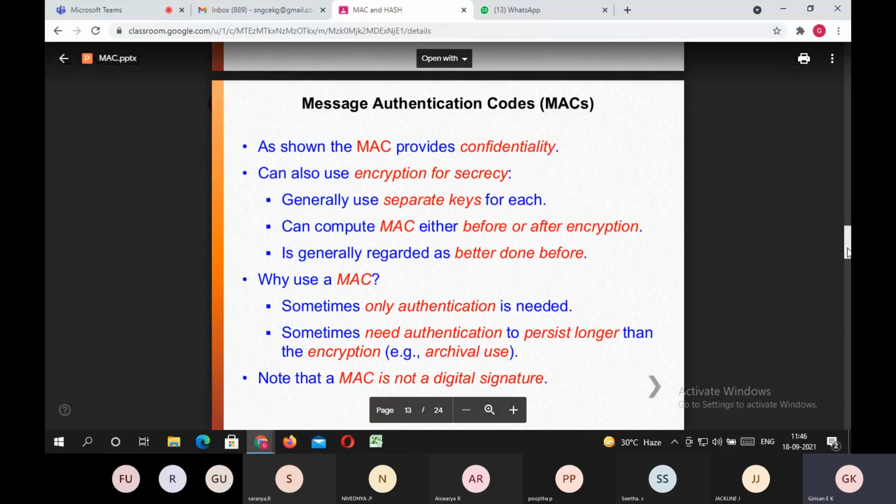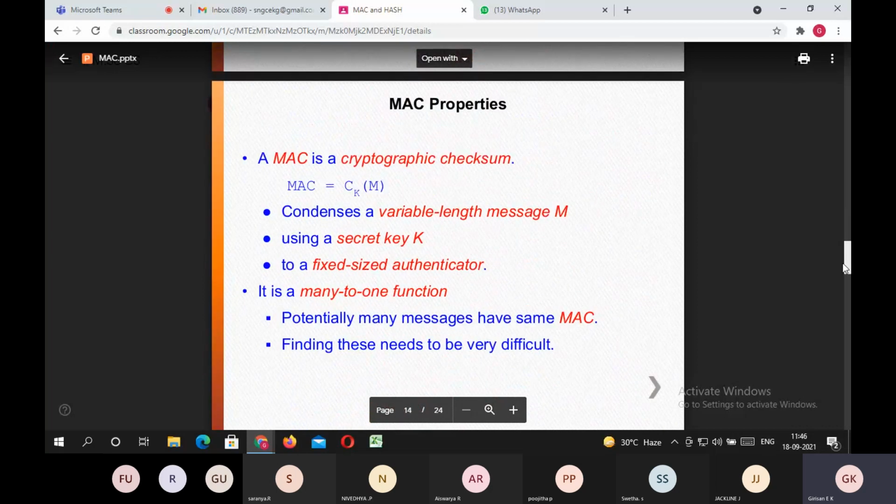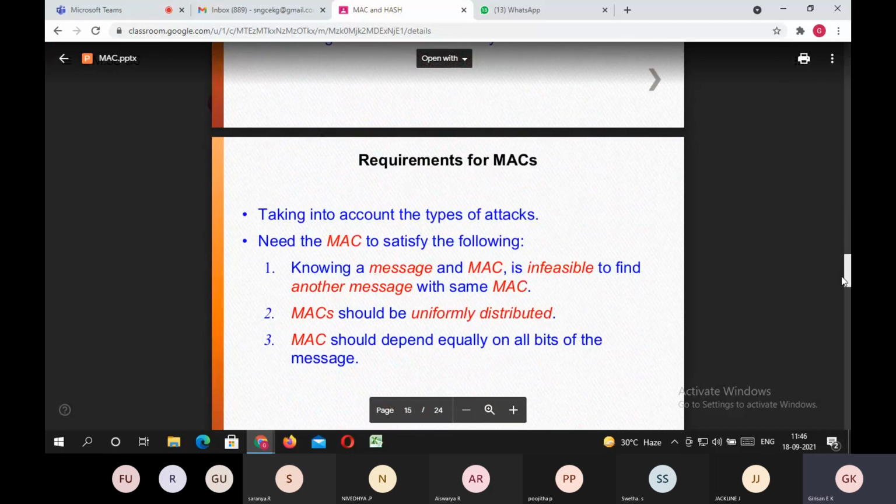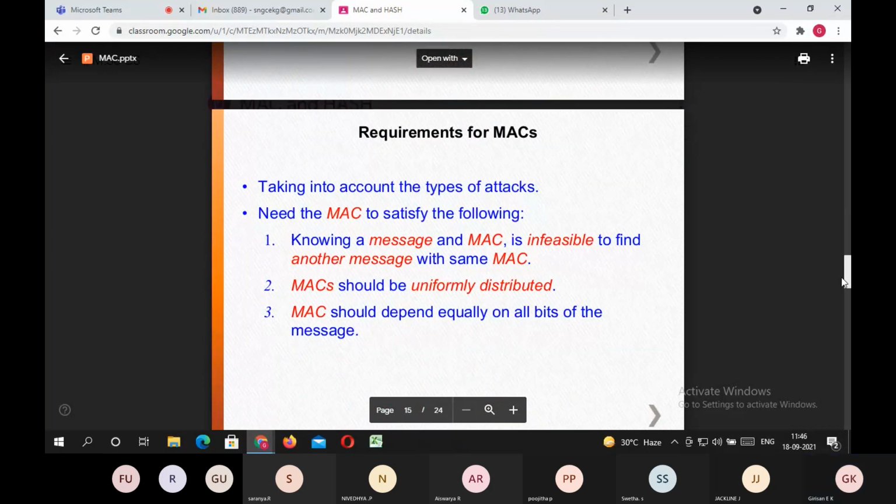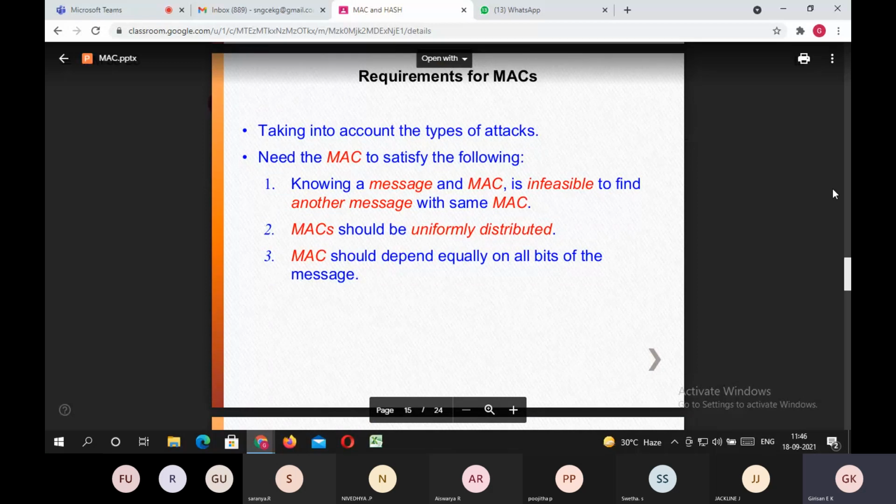Now, what are the requirements for MAC? There are three important requirements. One is that if a message and its MAC are received by an intruder or an attacker, it must be infeasible, that is, difficult, for him to find another message with the same MAC code.